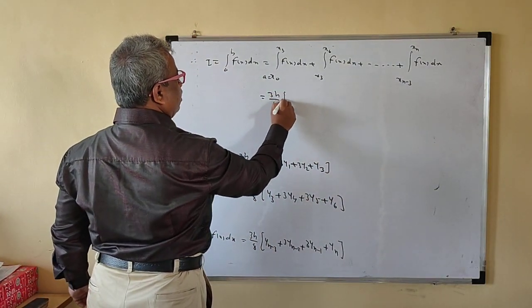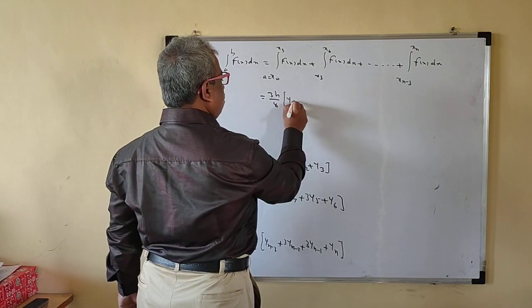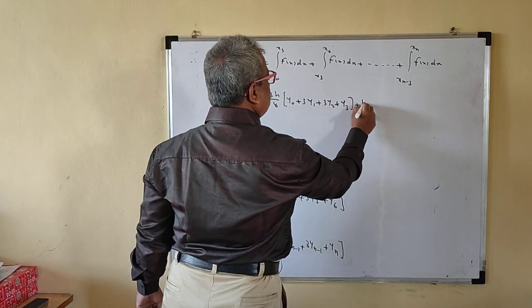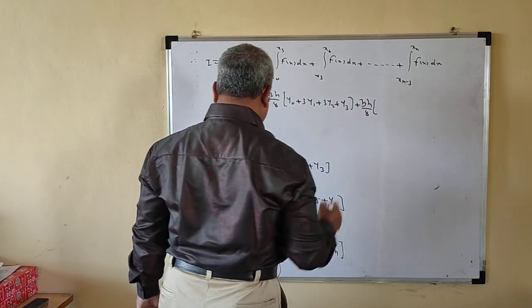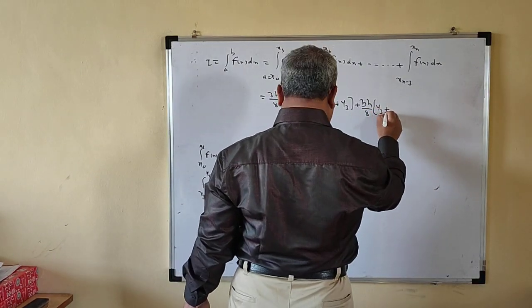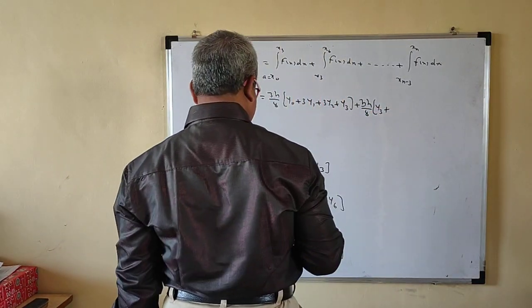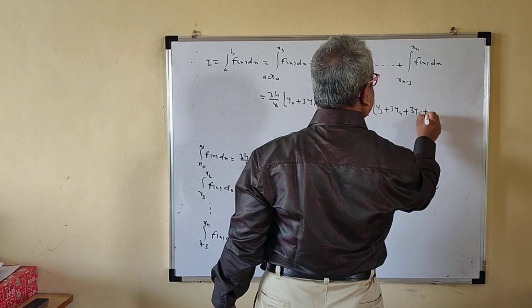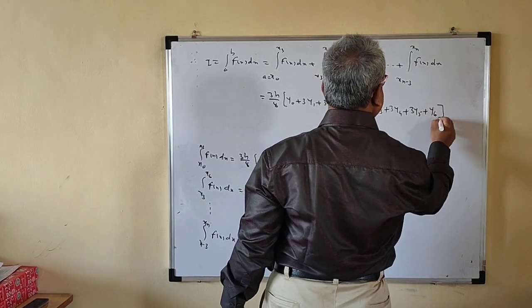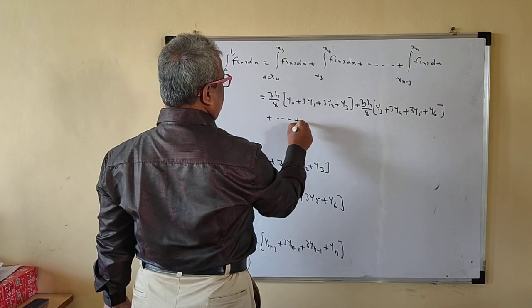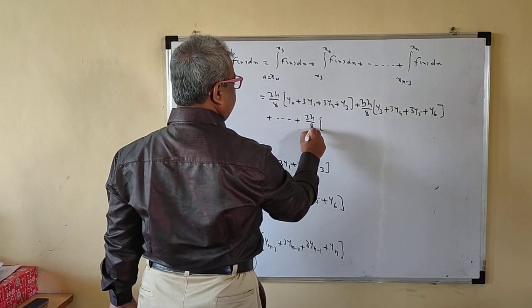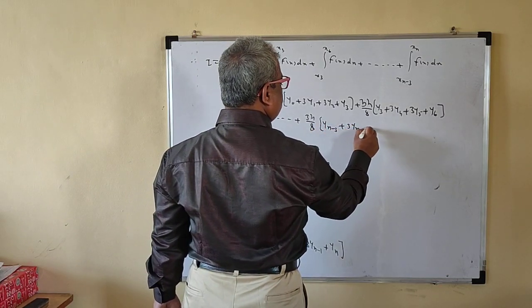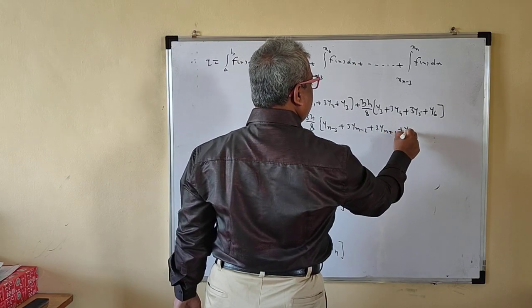So 3h by 8 (y0 plus 3y1 plus 3y2 plus y3) plus 3h by 8 (y3 plus 3y4 plus 3y5 plus y6) plus dot dot dot plus 3h by 8 (yn minus 3 plus 3yn minus 2 plus 3yn minus 1 plus yn).